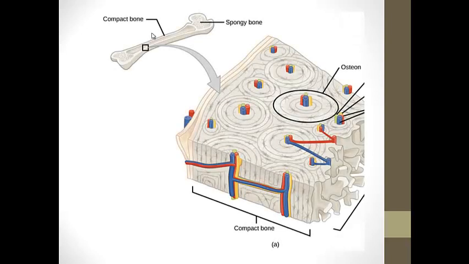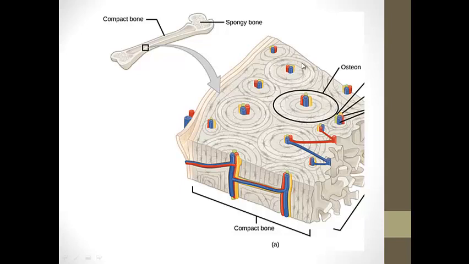So what we're looking at here is a cross section in the shaft of a long bone, and then they've magnified it so you can see what it looks like on the inside. So you can see here that the bone is divided into these circular segments.